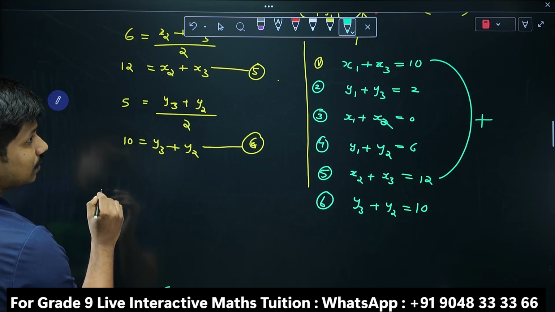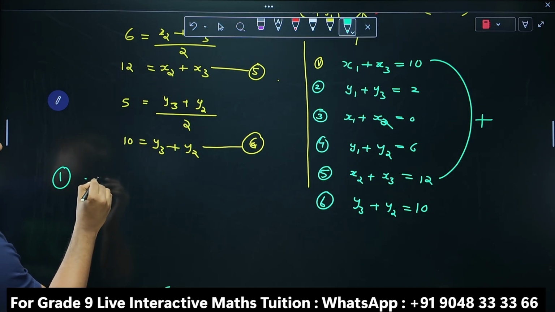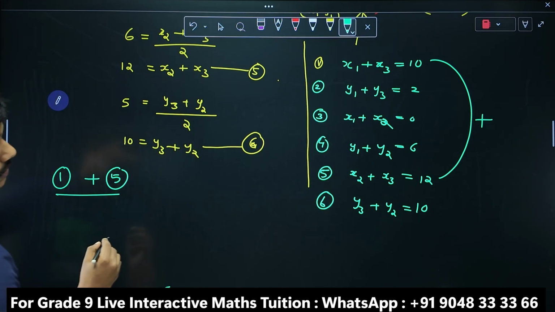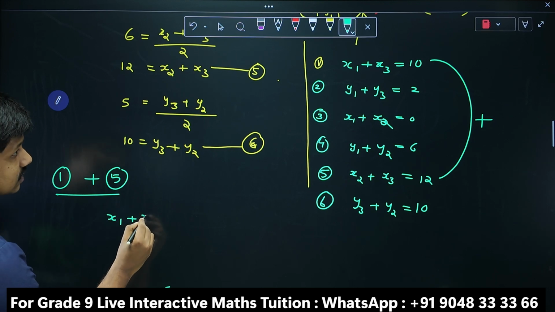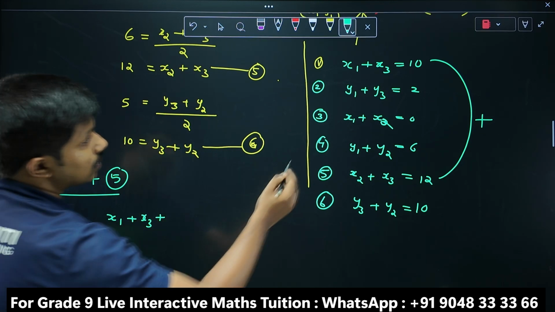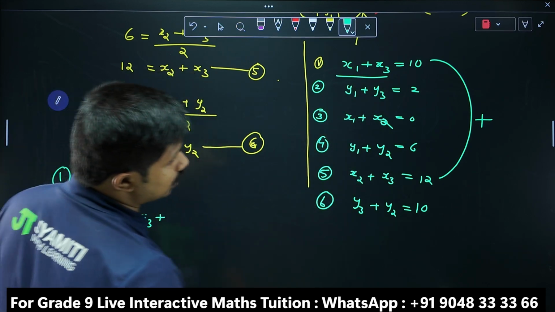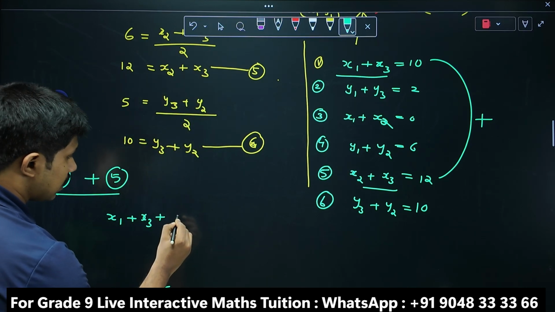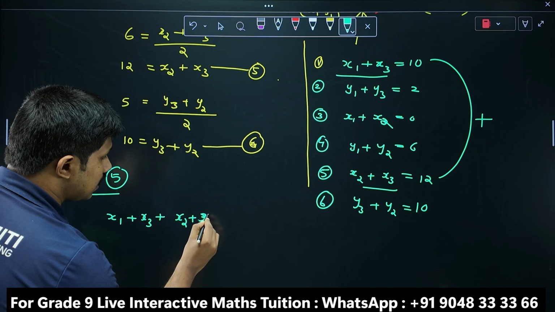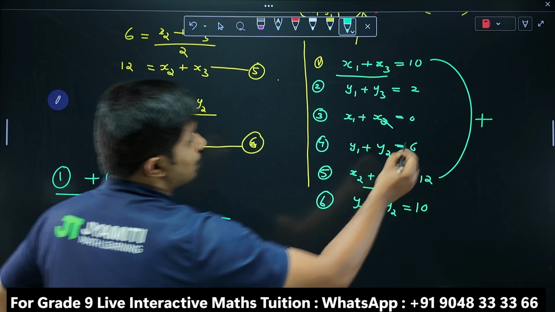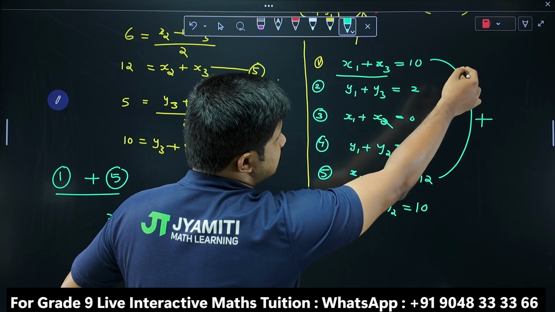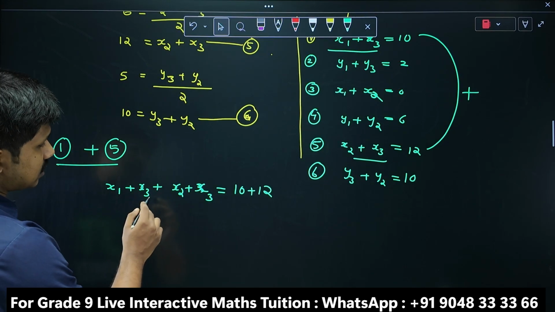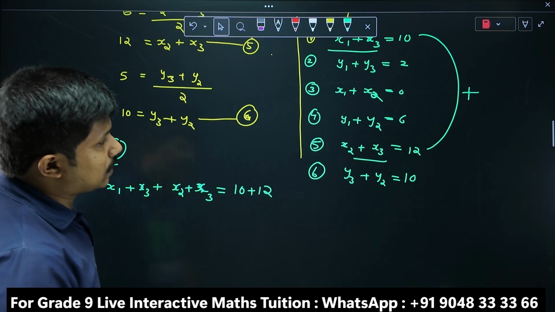So we get equation 1 plus equation 5: x1 plus x3, the left side of equation 1, plus x2 plus x3, the left side of equation 5, will be equal to the sum of the right sides, 10 plus 12. We get x1 plus x3 plus x2 plus x3 equal to 10 plus 12.